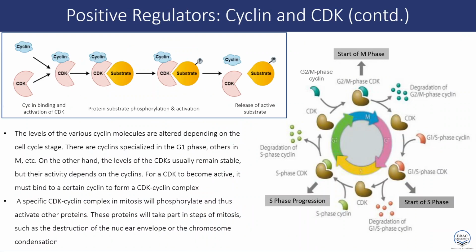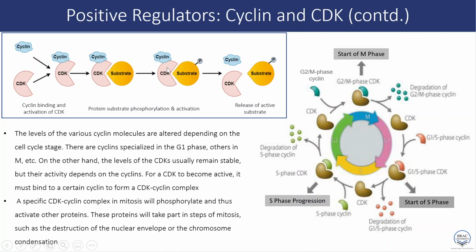Here you can see the CDK and the cyclin. When they are together, they form a complex, the CDK cyclin complex, and when they are together, they are active, so they can activate other proteins, like this substrate, which is another protein. The kinase, from the name, means it transfers phosphate groups to another substrate, another protein.